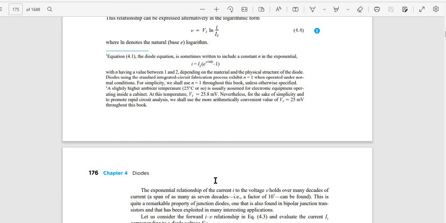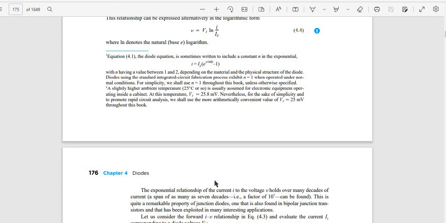Diodes fabricated using the standard integrated-circuit process exhibit n equal to 1 when operated under normal conditions. For simplicity we shall use n equal to 1 throughout this book unless otherwise specified. A slightly higher ambient temperature, 25 degrees Celsius or so, is usually assumed for electronic equipment operating inside a cabinet.